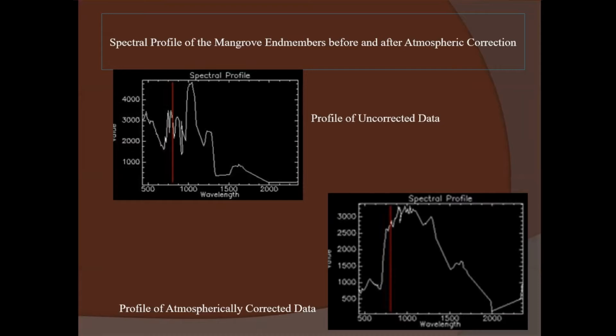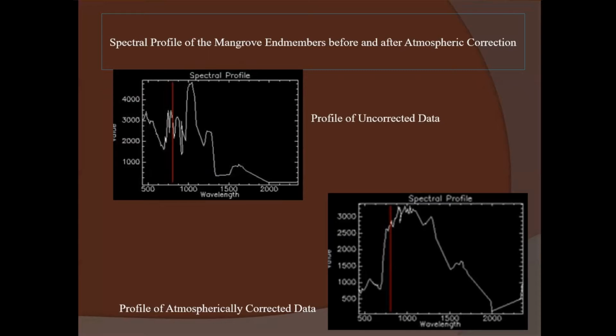We can see here that after downloading hyperspectral data from a source, the image on the left is the spectral profile of uncorrected data that does not represent a profile of mangrove end members or vegetation.